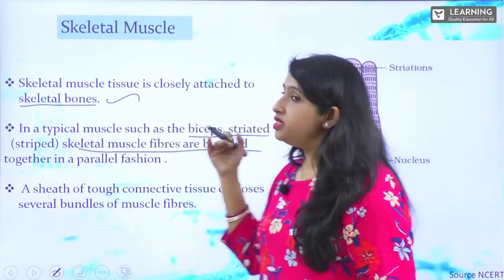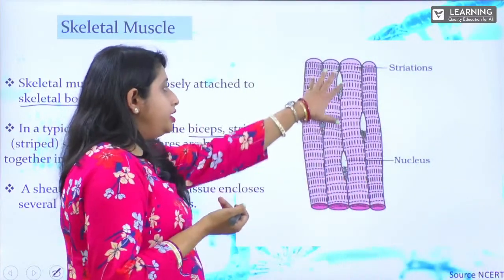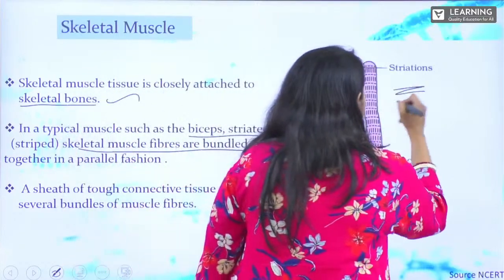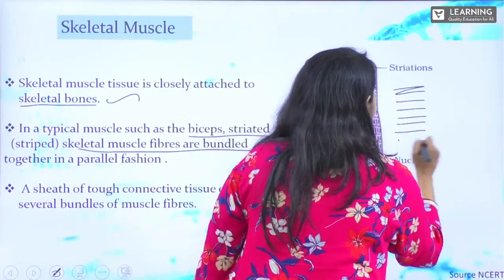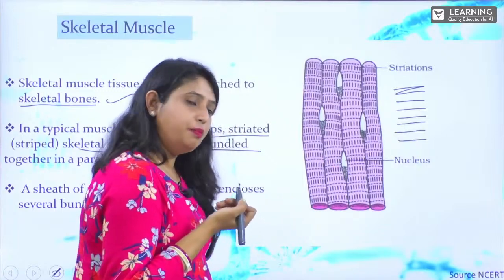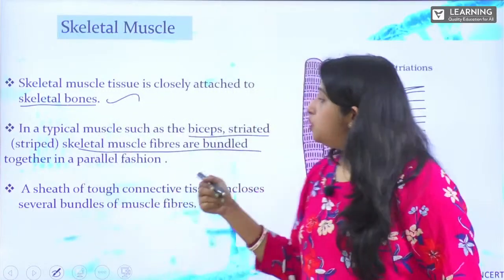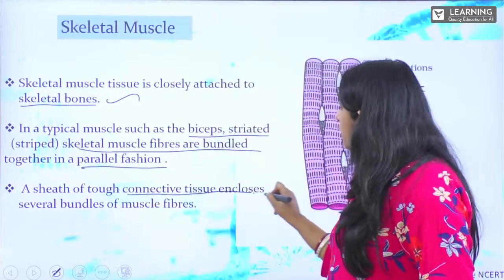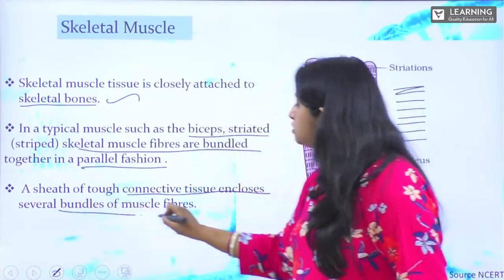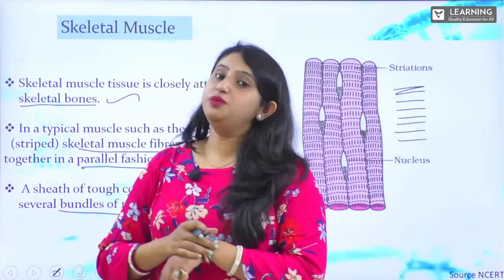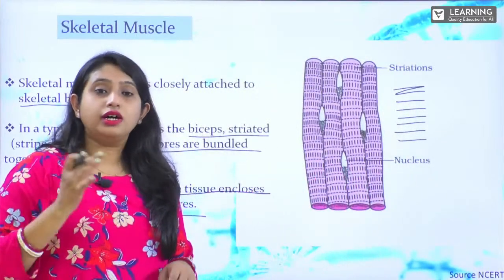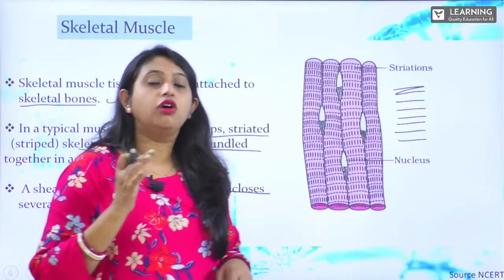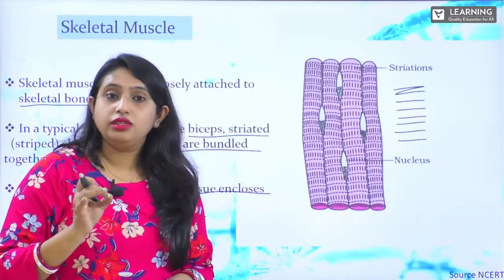As you can see, they are arranged in a parallel fashion, right? A sheet of tough connective tissue encloses several bundles of muscle fibers. So these muscle fibers are always covered with which tissue?